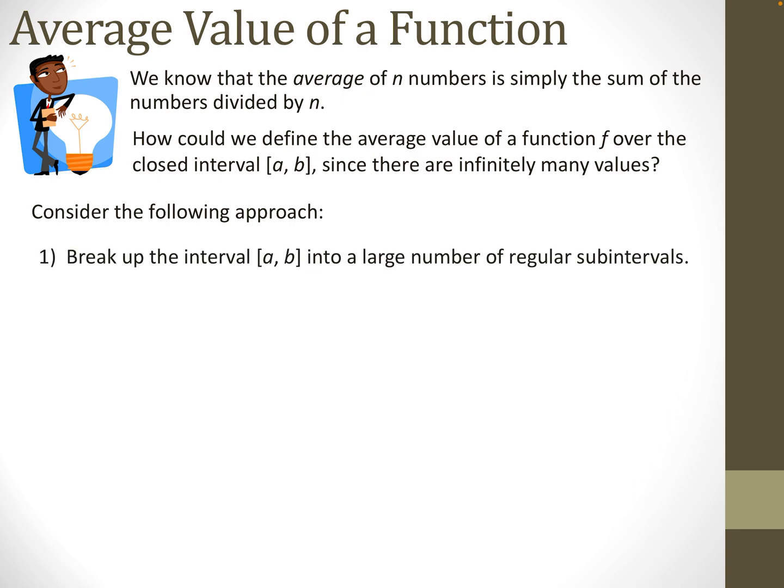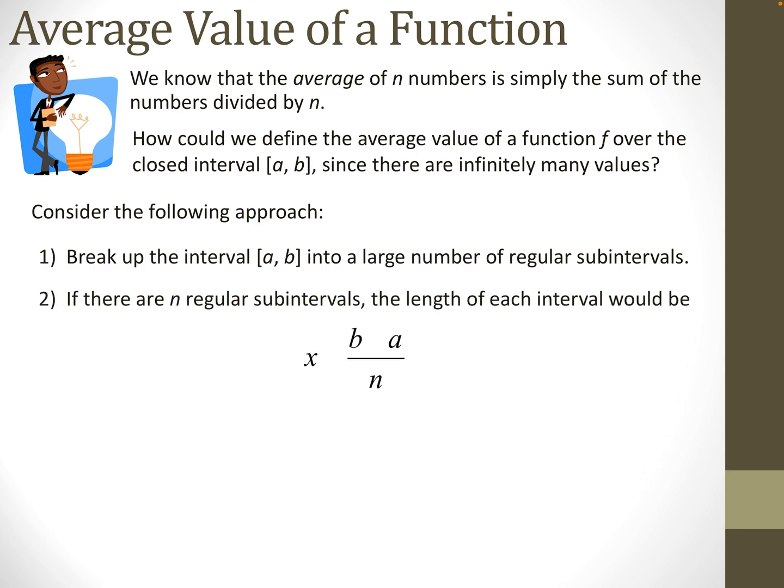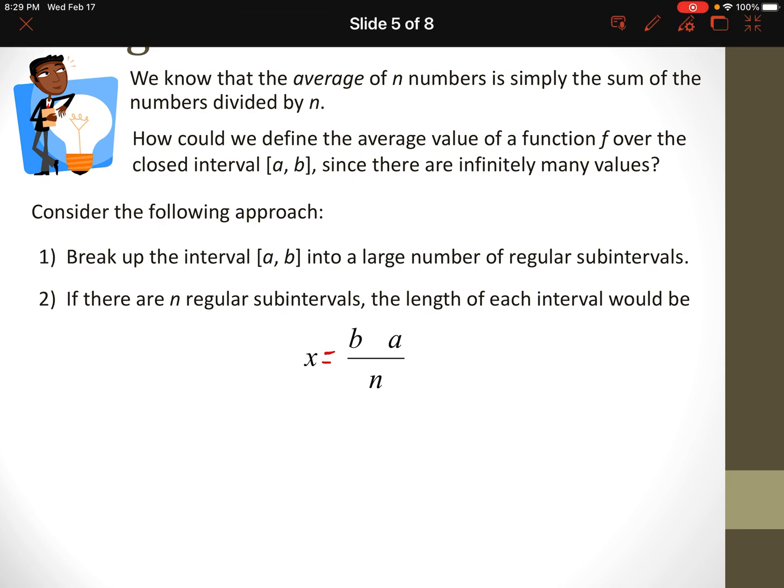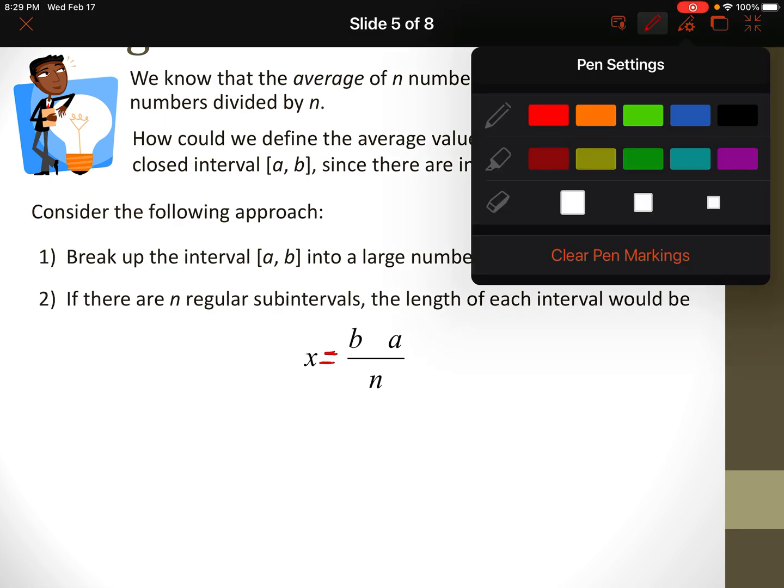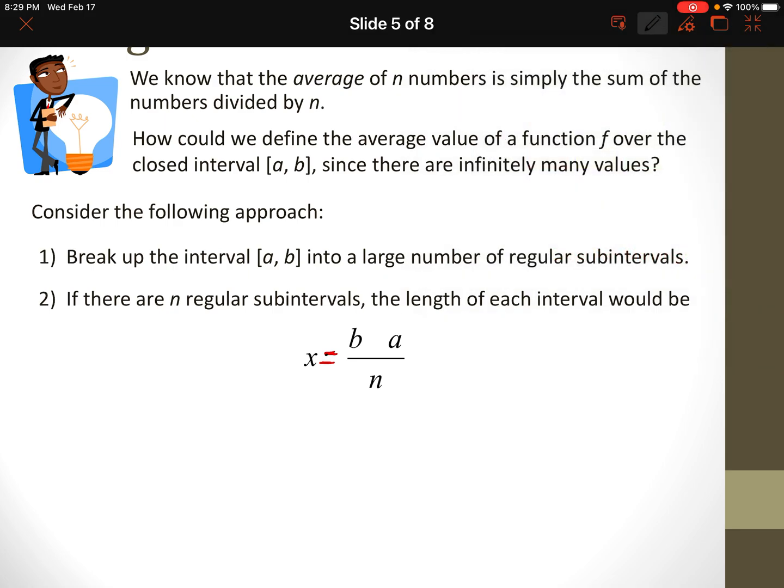Break the interval a to b into a large number of little subintervals, the exact same way we were doing with Riemann sums. And just the exact same way, we define each of these intervals as saying delta x equals b minus a over n.